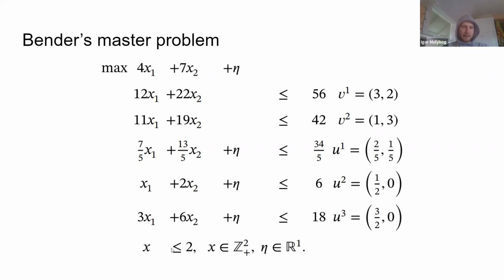And we also need to write down the inequalities that correspond to the set capital X, and we have only 2 variables, x1, x2, that are integral, and also only 1 real valued variable, eta.